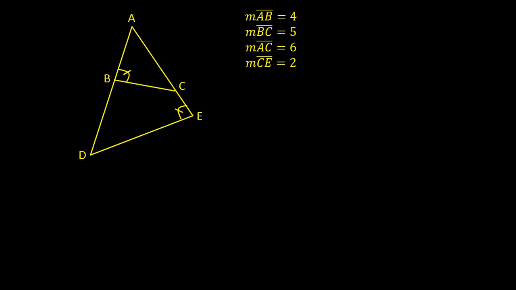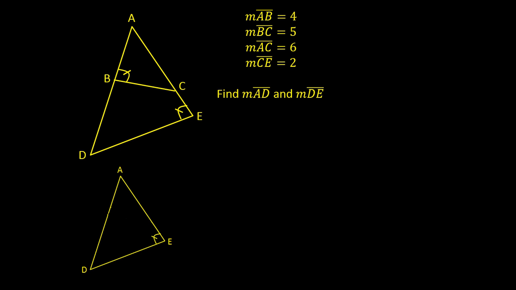So the similar triangles are the smaller triangle that you see on the top of the picture, and then the larger triangle that contains that smaller triangle. We would like to find the measure of segment AD and the measure of segment DE. So here's the two triangles that we need to look at as similar triangles.